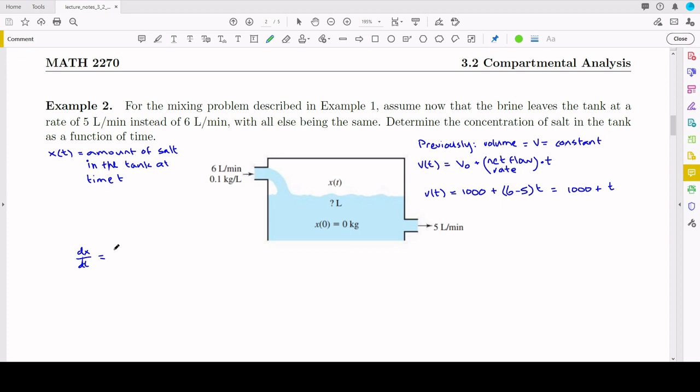It's going to be the input flow rate times the input concentration, minus the output flow rate times the output concentration.